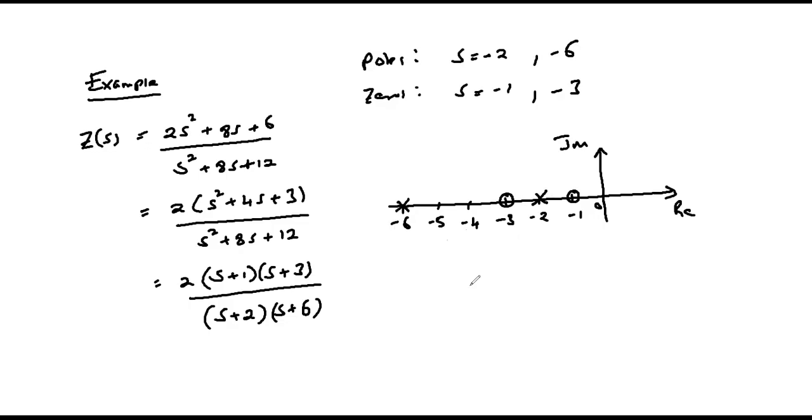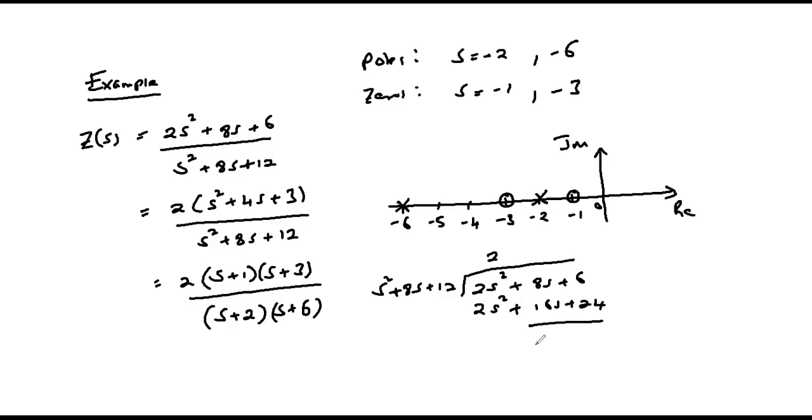Because the order of the numerator and denominator are the same, we first perform division. We divide 2s² + 8s + 6 by s² + 8s + 12. This gives 2, and 2 times the denominator is 2s² + 16s + 24, so the difference is -8s - 18.